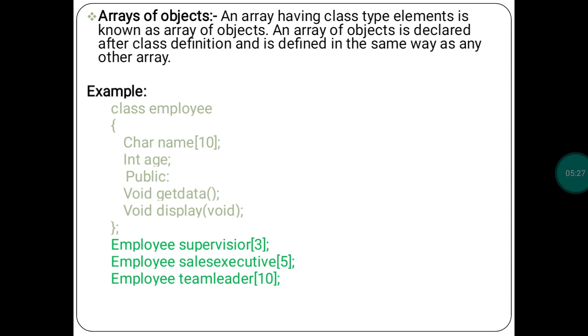And the last one, employee team leader, array size 10. Again, employee is a class name, team leader is an object, and the size is 10.